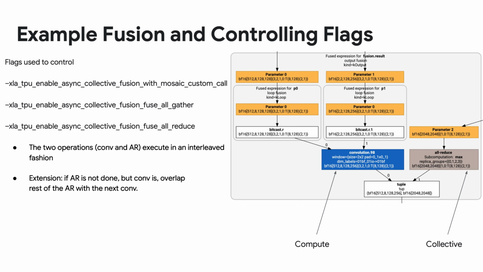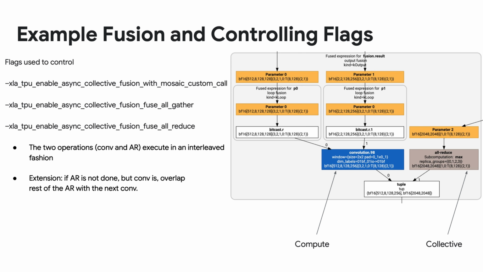Here's the example, and as promised, not to make it a presentation, but some amount of tutorial. Here are the flags that help you control this particular fusion. The fusion node looks like that. You can see that this is completely data independent. The all reduce is the collective reading from parameter to finishing up and producing a result in the tuple.